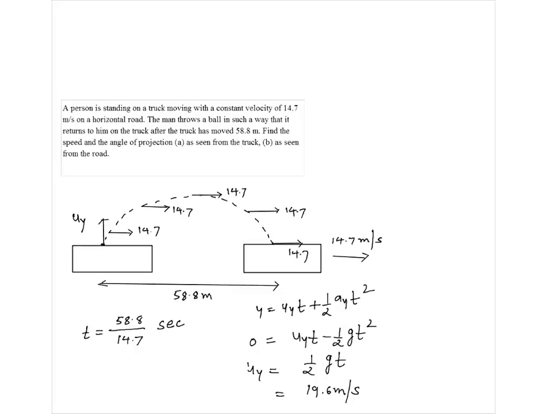As seen from the road, find the speed and angle of projection. As seen from the road, ux will be always 14.7.